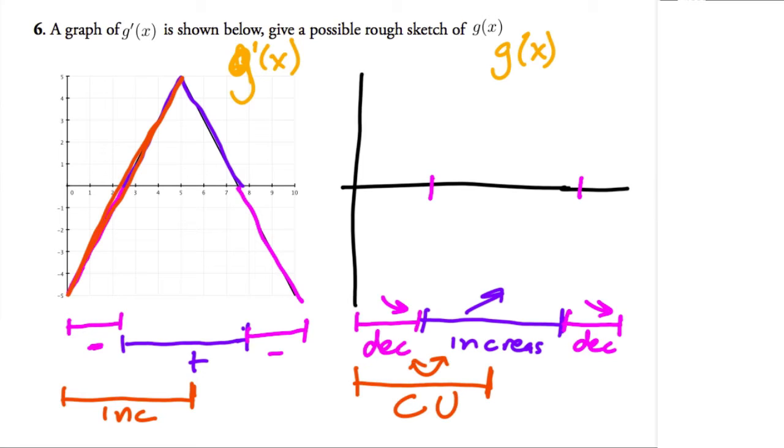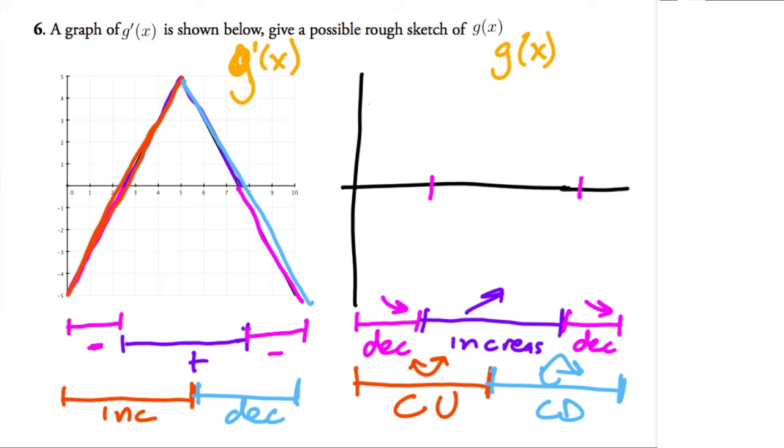So it has to look like that. And then for this last section right here, it's decreasing. So that means that for this section, the original function would have to be concave down. And so then that's pretty much all we needed to know.